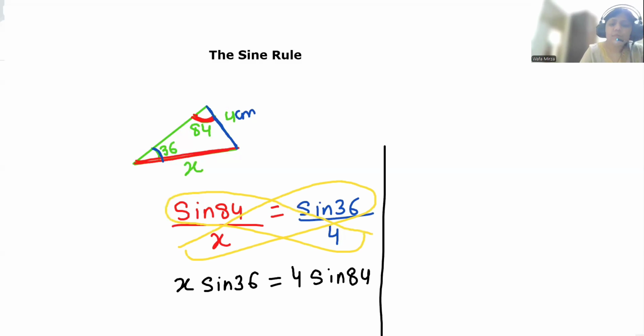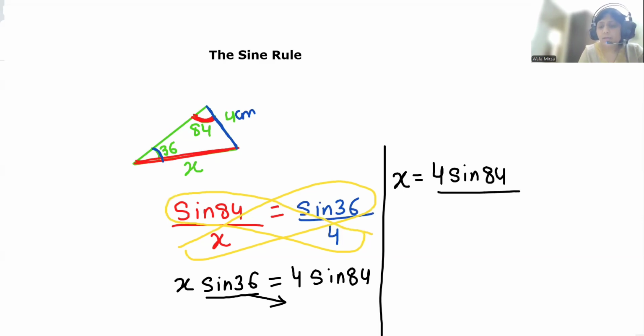Now, sine 36 is in the numerator. When it goes to the other side, it will go in the denominator. So you will get x is equal to 4 times sine 84 divided by sine 36.